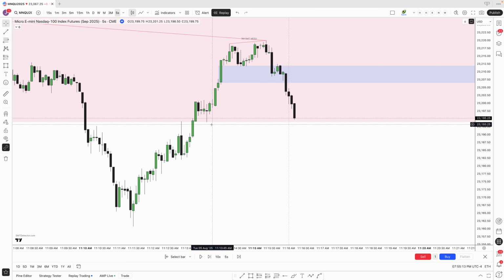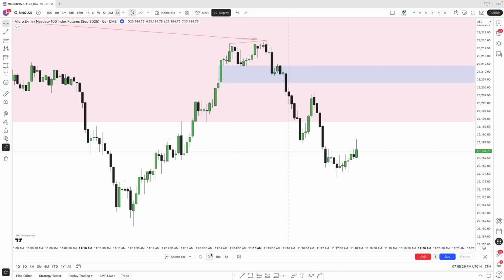You can see in my Discord that this was posted all ahead of time and live as this trade was playing out. So I thought I had missed the trade, but what I did was wait until we get something back up into the zone and an SMT.